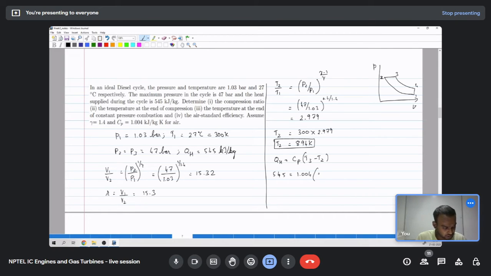Now T3 is unknown, T2 is 894 Kelvin. So now T3 would be 545 divided by 1.004 plus 894. So this is 1437 Kelvin. So temperature at the end of constant pressure combustion is also computed.